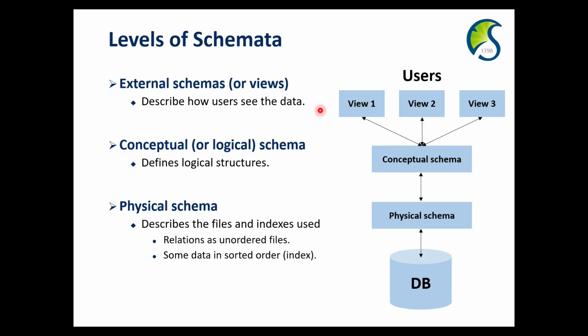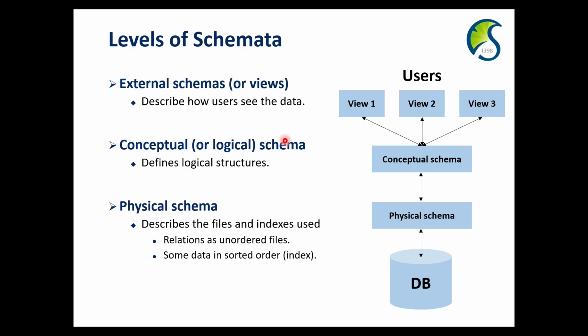But the external schema can be different from the conceptual or physical schema, meaning users can access different schemas. This is because of data privacy or other reasons. Independent of the conceptual or physical schema, we can generate the external schema.